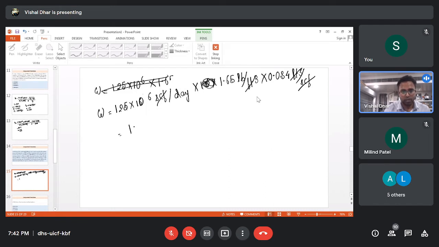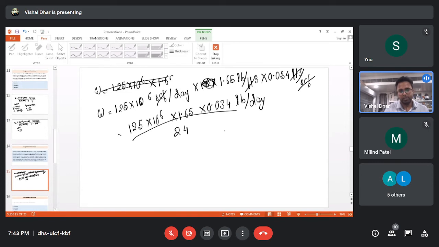So it is 125 into 10 to the power 6 into 1.65 into 0.034 lb per day. Again, we have to convert it into lb per hour, so it will be divided by 24 and it will be lb per hour. Just do the math and tell me the answer. Did you understand how I did the unit conversion here? Anyone please respond?